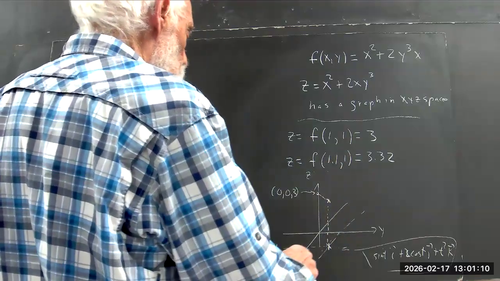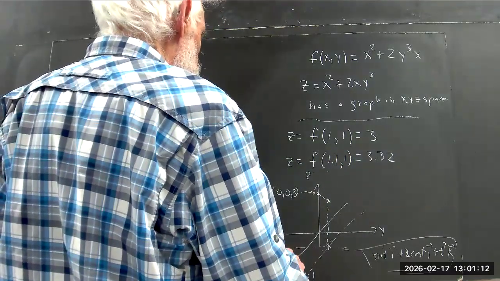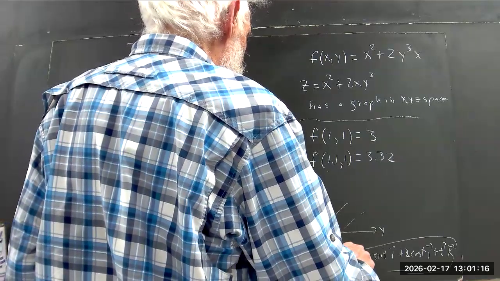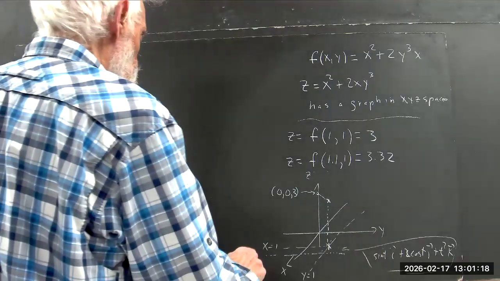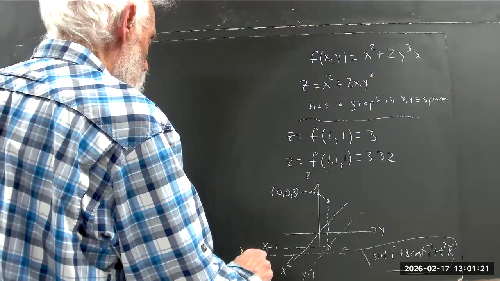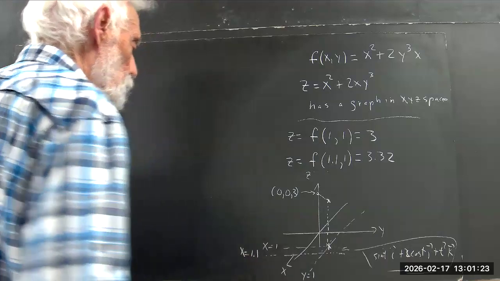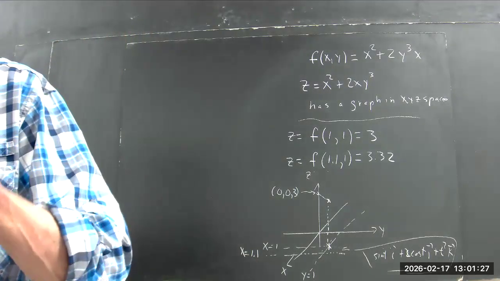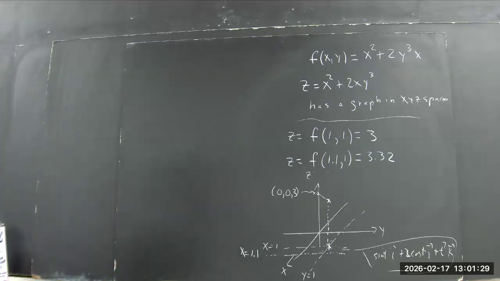Well, y is now 1.1. Now, I'm going to exaggerate the distance between y equals 1 and y equals 1.1, because if I just use 1.1, everything's going to be too close together. It's going to be hard to see.